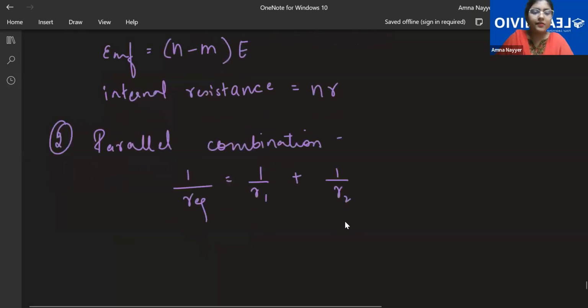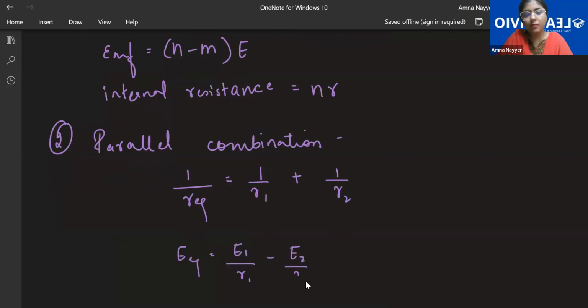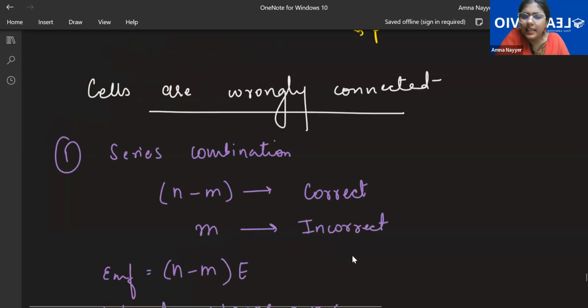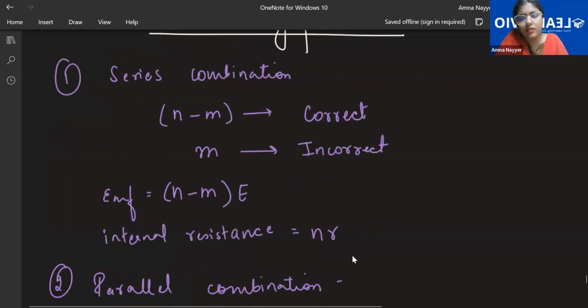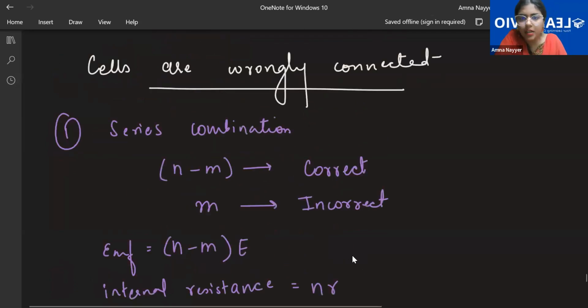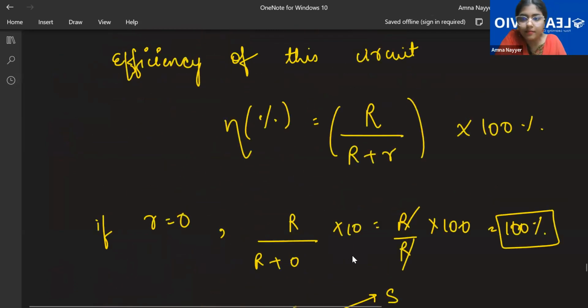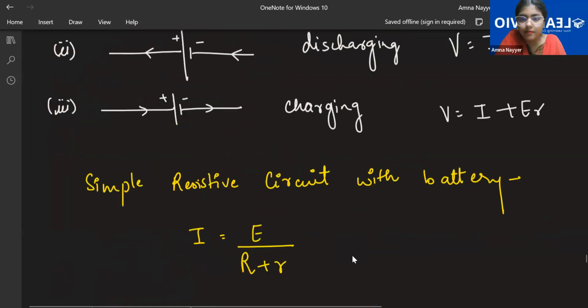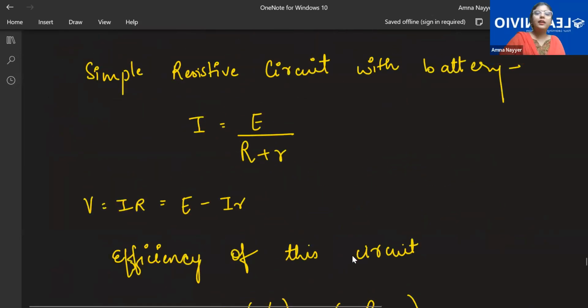But the EMF's value, E equivalent, will be E1 by R1 minus E2 by R2, into the R equivalent. This is the formula for it. So you can directly remember the formula also. That will also help you. And I think in the series one, it's very easy to remember. You just have to count the number of the cells that are incorrectly connected. So yes, Jesslyn, tell me, have you understood it till here? Yes, ma'am. Okay. Please write down these as well.